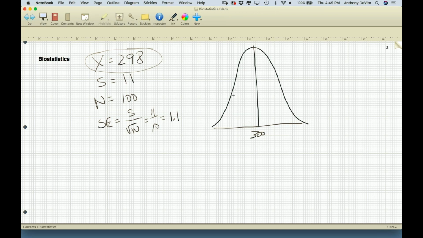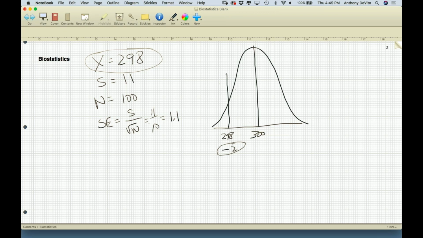Well, the actual population mean was 300. My standard error is 1.1. So 298 would be over here. The difference between 300 and 298 is -2, right?